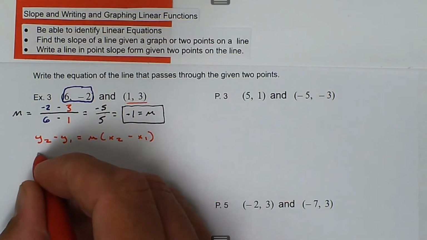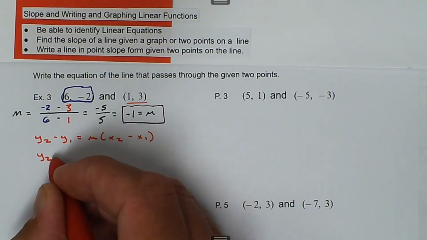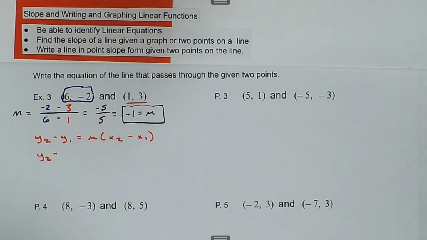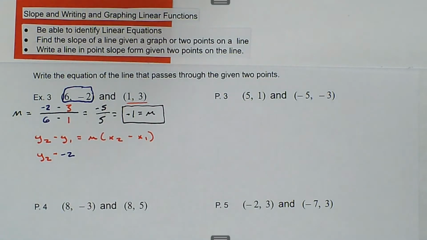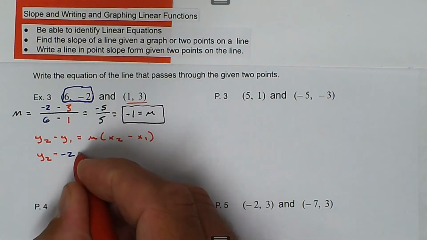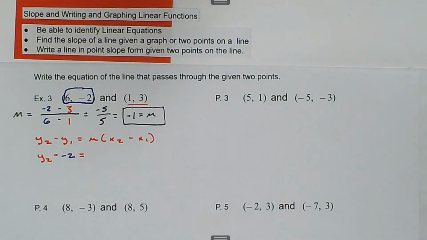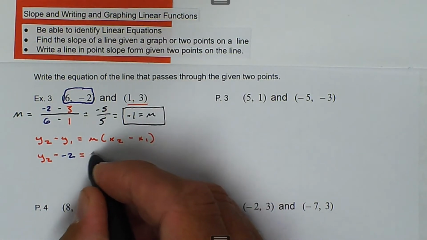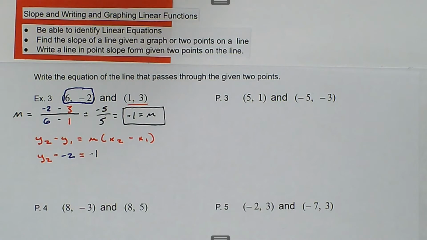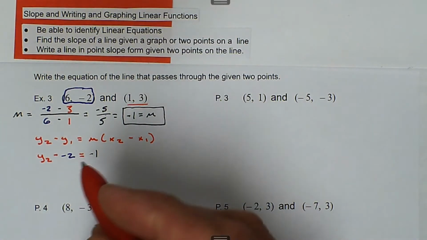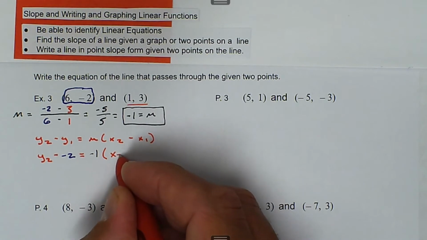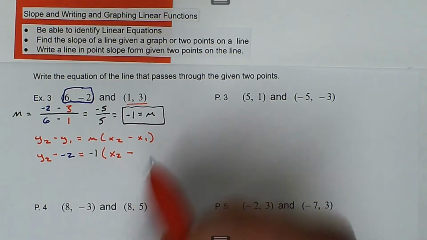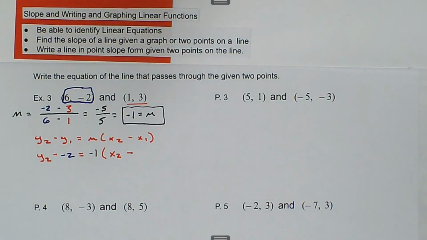So y2 minus y1 is negative 2, and that is equal to our m, which is negative 1, times x2 minus 6.